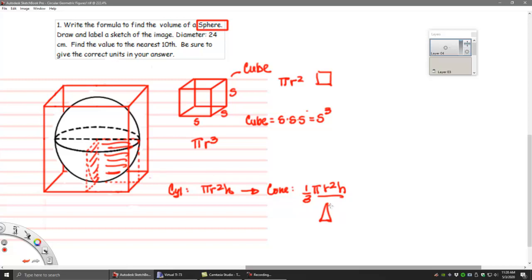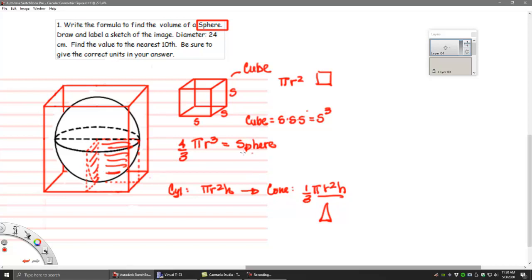And that was that pyramid or that cone piece that was on the inside. Well, inside this cube is hidden that sphere that I want. The same idea takes place. Instead of multiplying it by 1/3, I'm going to multiply it by 4/3. That is the formula for a sphere, for its volume.